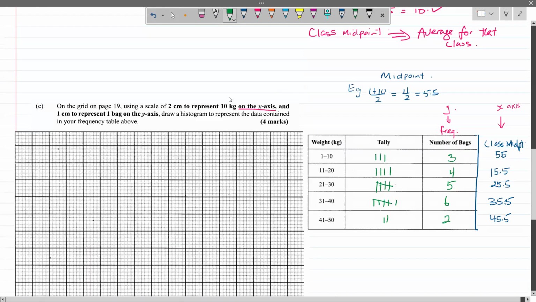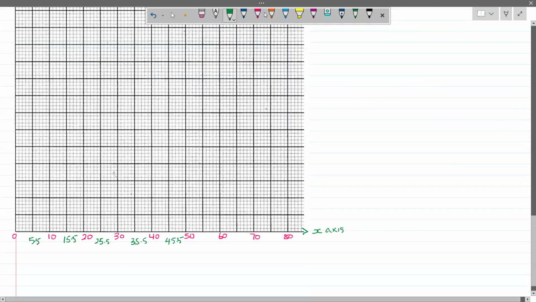On my y-axis, we're using 1 centimeter to represent a bag of sugar. So in total, the highest frequency occurring is 6 bags. We're looking at the largest occurring observation, 6. So we increase 1 unit at a time: 1, 2, 3, 4, 5, 6.